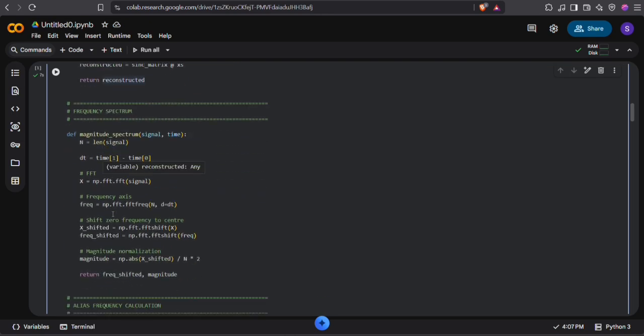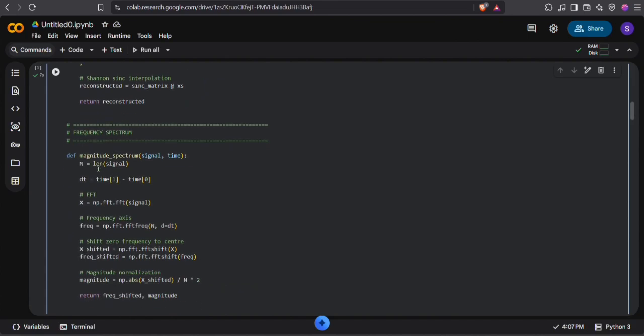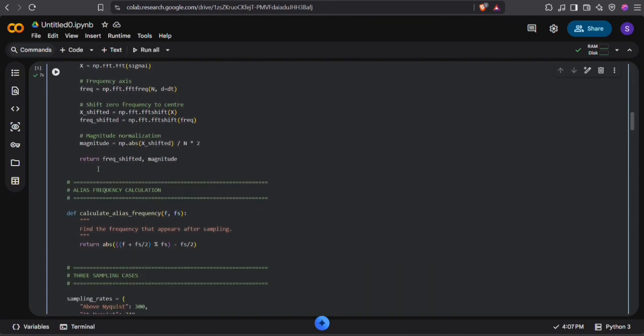Then here comes the alias frequency function, which is defined by calculate frequency. Here it is, finding the frequency that appears after sampling.